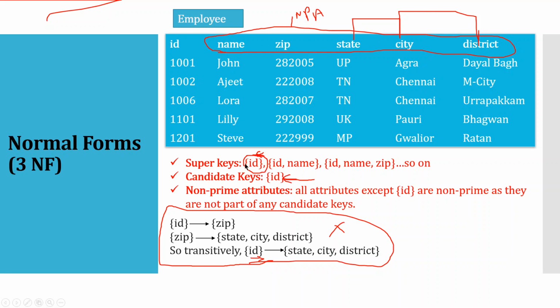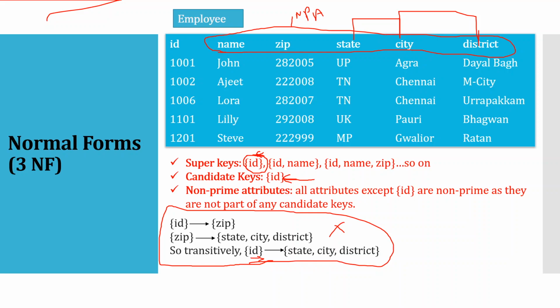Now the rule of third NF states that if you want to convert your table to 3NF, then all the transitive dependencies of non-prime attributes, non-prime columns, should not be dependent on any super key.